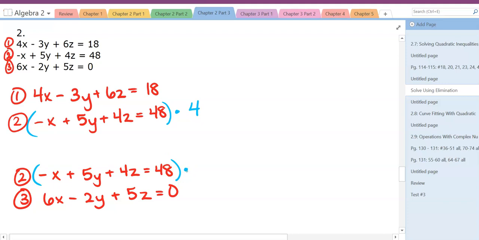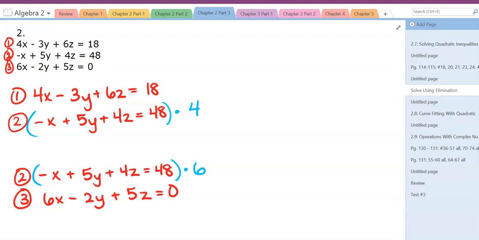For the second pairing, good, 6. Okay, yep, and for the first pairing, we leave number 1 alone. For the second pairing, we leave number 3 alone. The only one that we're really working with here is number 2, and we're doing it twice because it's easy to get it to have the same number, opposite sign from the other equation.